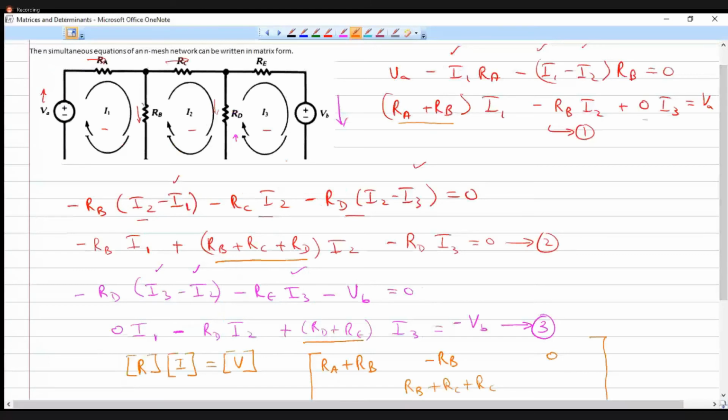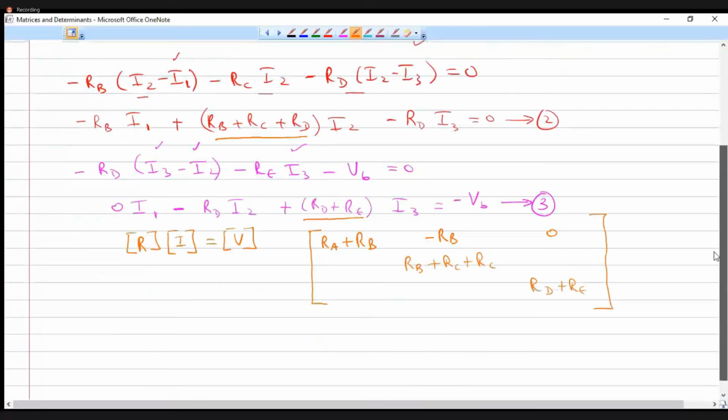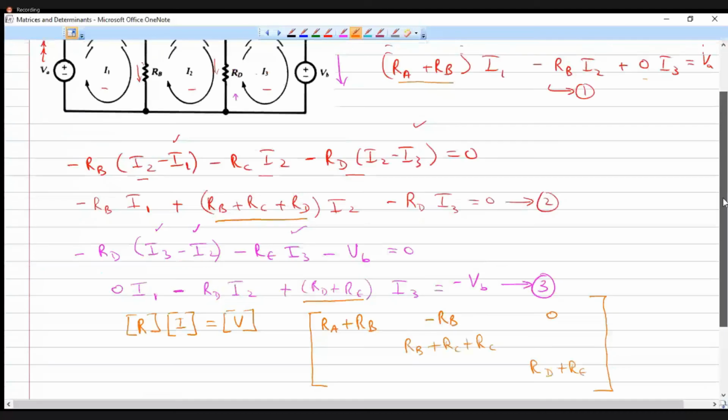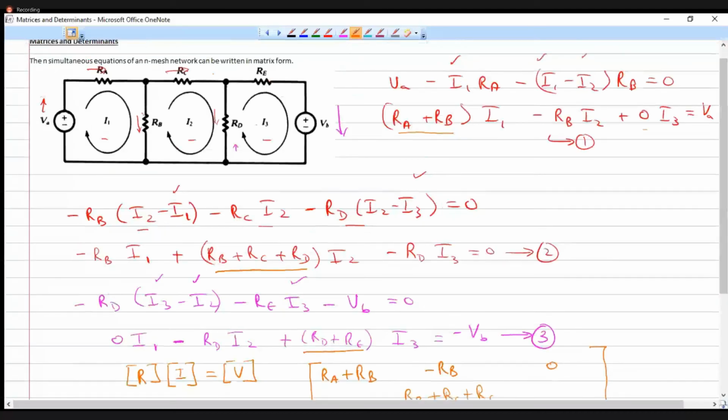Can you tell once again what mistake I did here? In the 2-2 position of the matrix. In this loop, I have written minus RB into I2 minus I1, minus RC into I2, which is right.